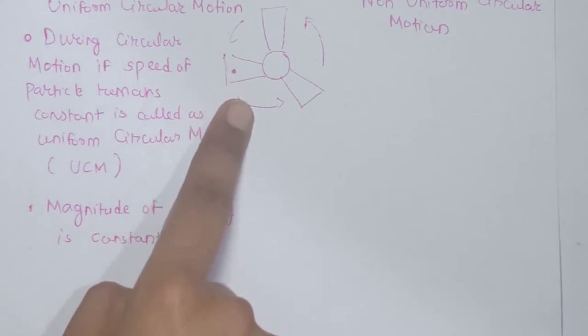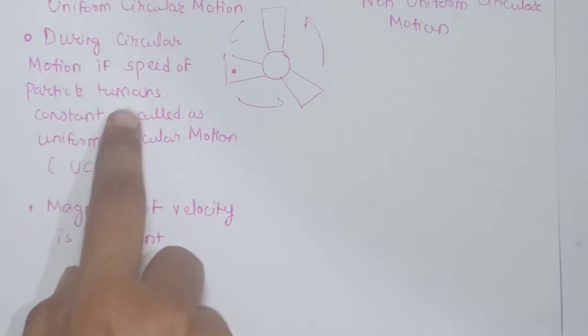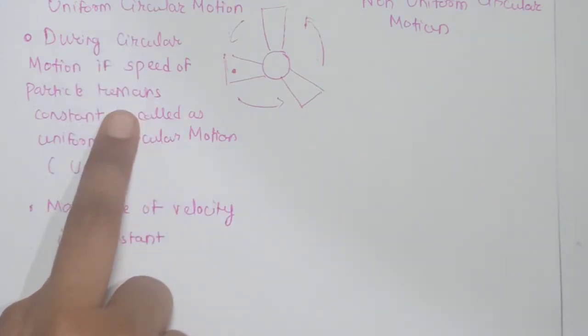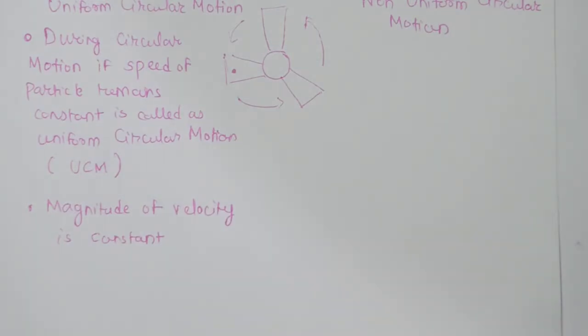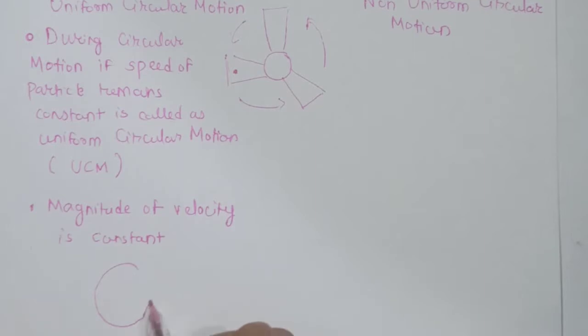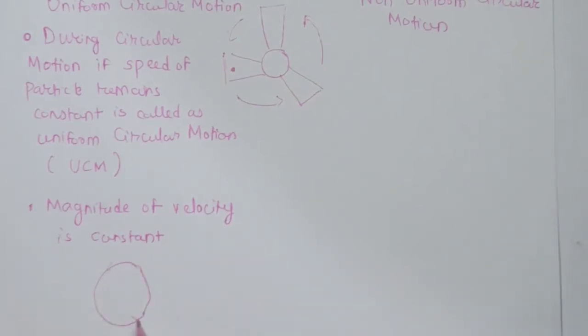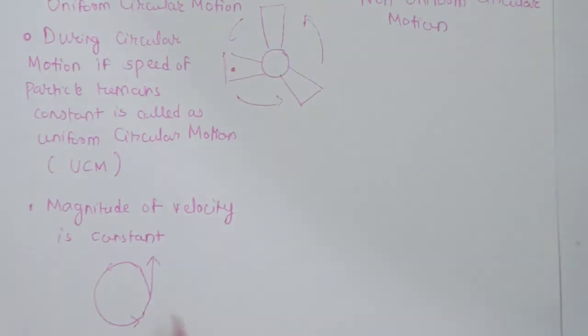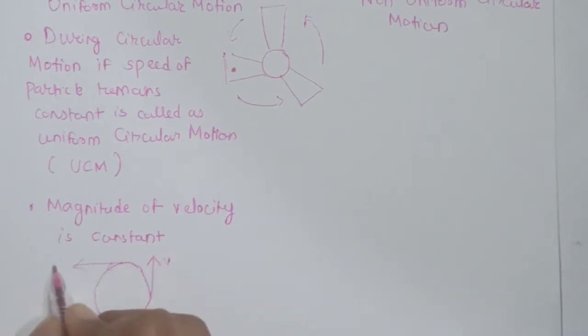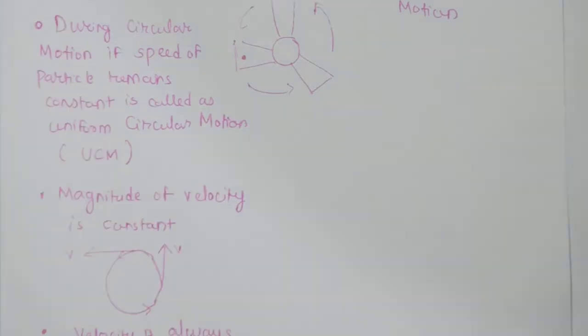So only the direction of motion in uniform circular motion is changing, in such a way that velocity is always tangential to the path. If I am considering the particle at this point, velocity will be tangential to the path.